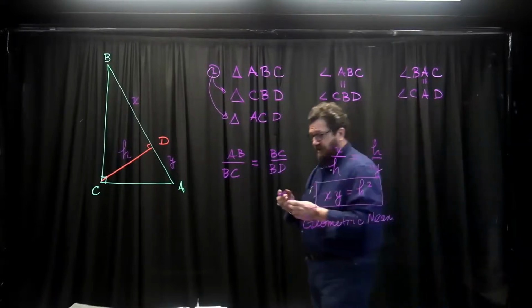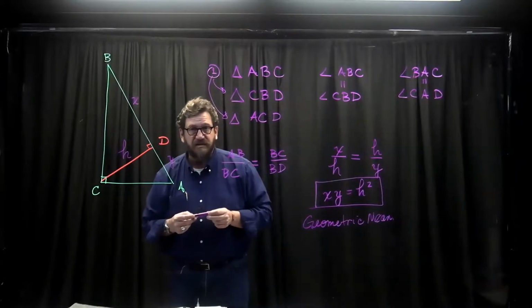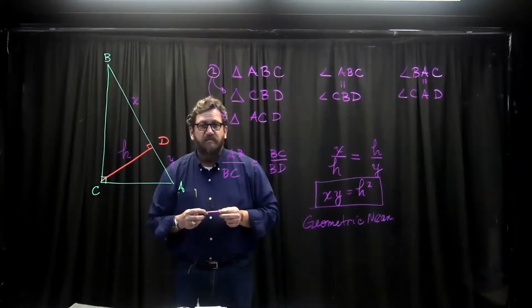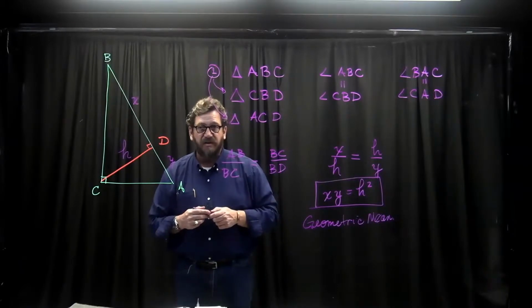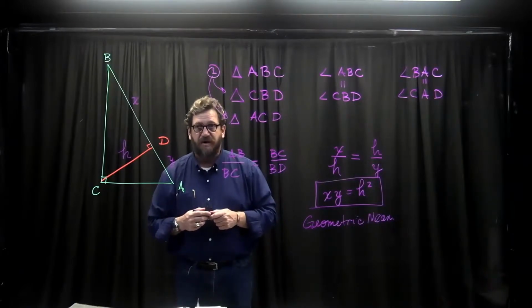And you may ask yourself, well, what's all of this got to do with anything? Well, it's one way that we can think about in Greek geometry to actually look at how we solve certain types of problems.